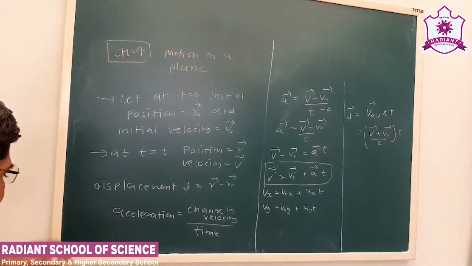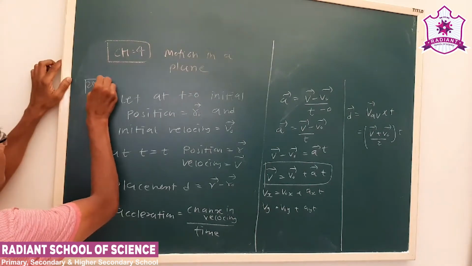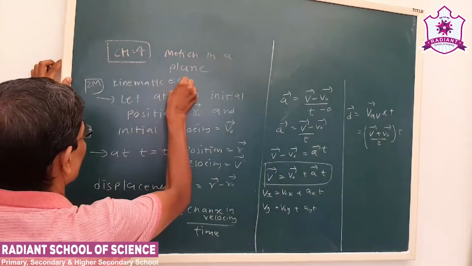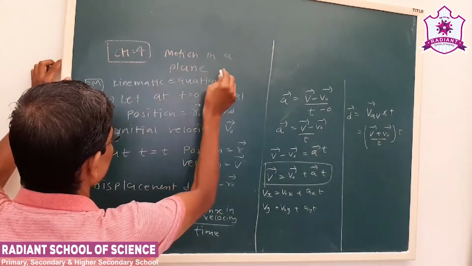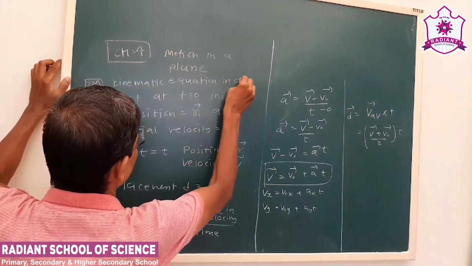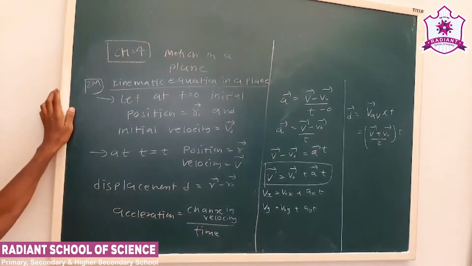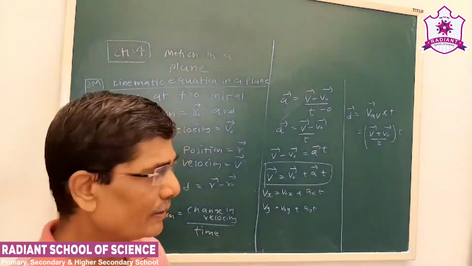Here what is our question? Kinematic equation in a plane, that is a uniformly accelerated motion in two dimensions.